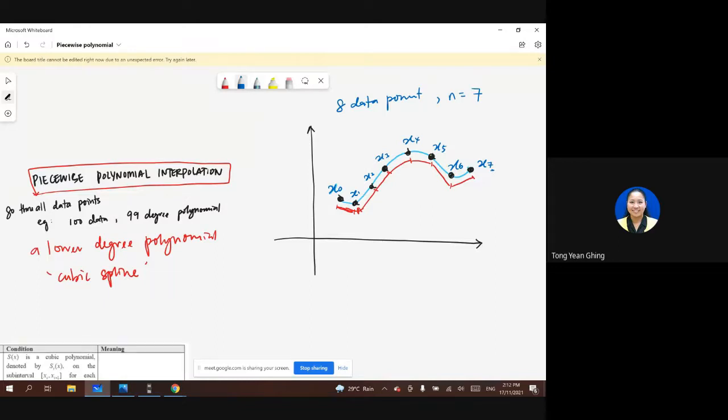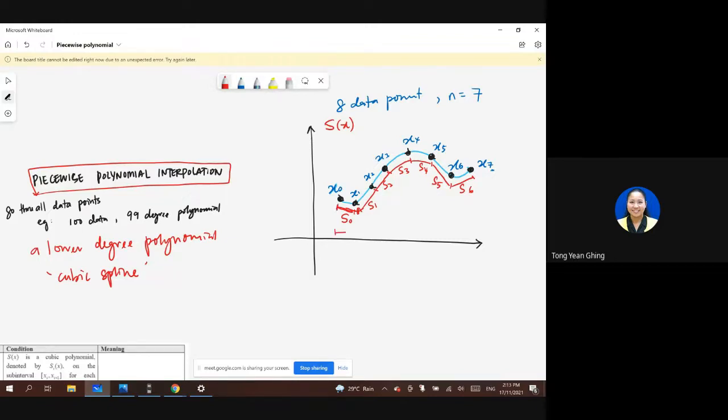Now I want to break it into segments. So this piecewise polynomial, I will do it like this. I will have a cubic spline which covers it like this. So you will have S0, S1, S2, S3, S4, S5, S6. See? So I break it based on the interval.